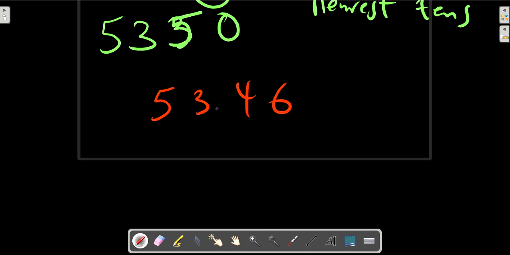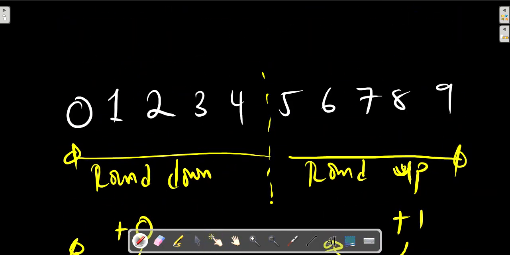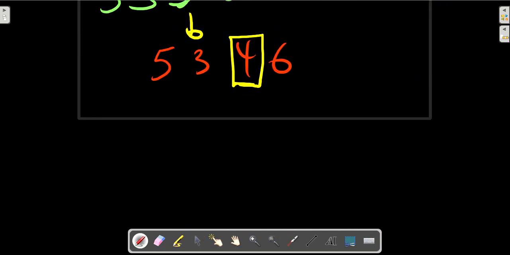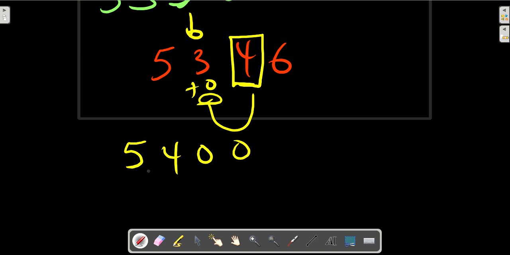The number in the hundreds place is 3, and the number right of it is 4. So this number is on the part of the scale which says round down. So we round down and add 0 to the digit 3. So this becomes 5,400, rounded to the nearest hundreds, beg your pardon.